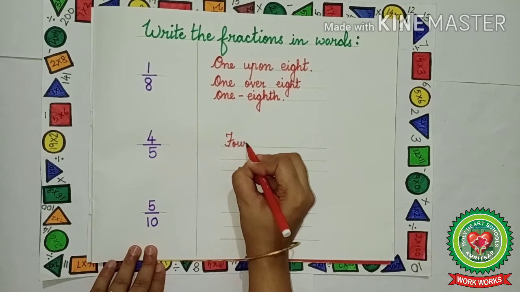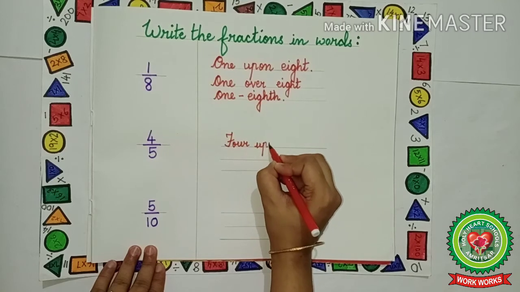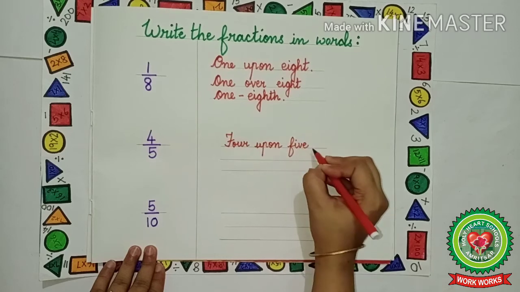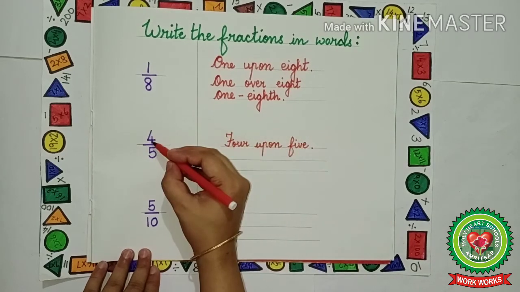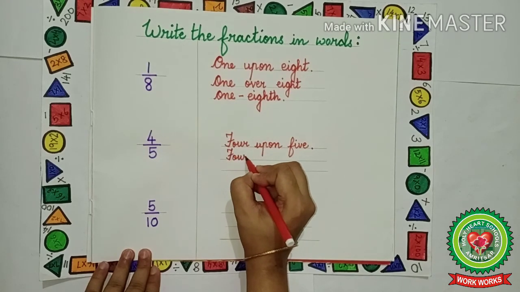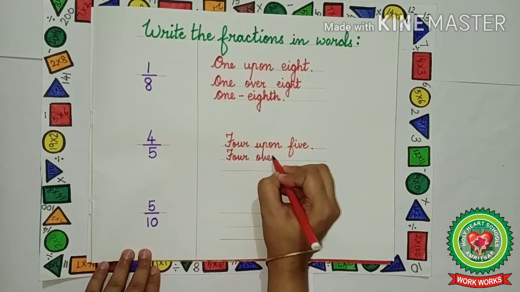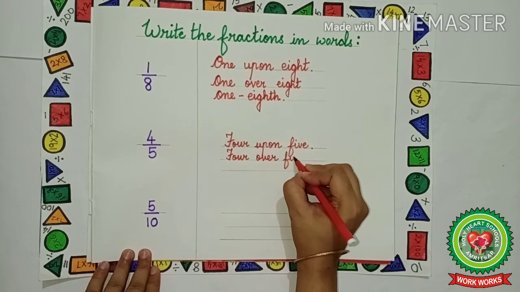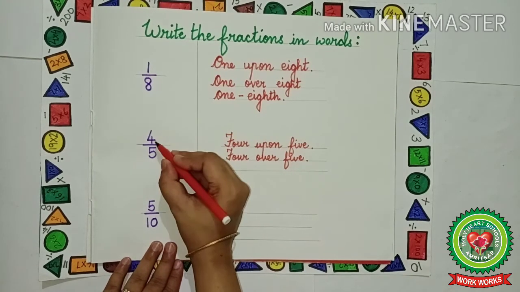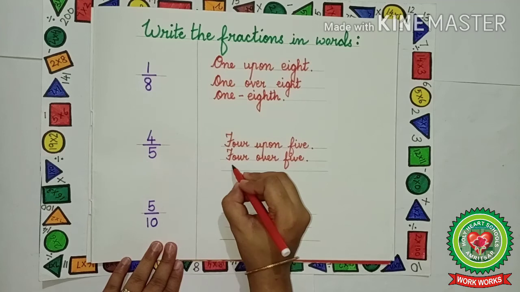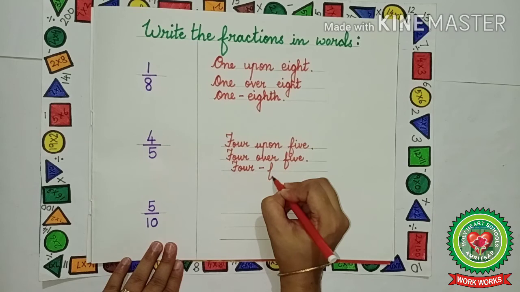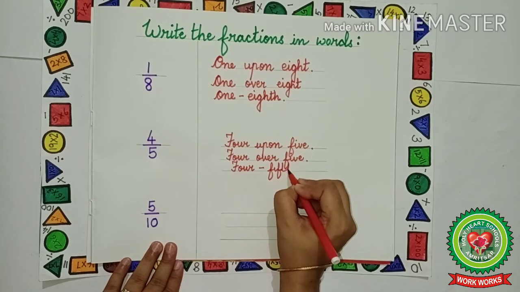Then 4 over 5. And we can also write it as 4/5.